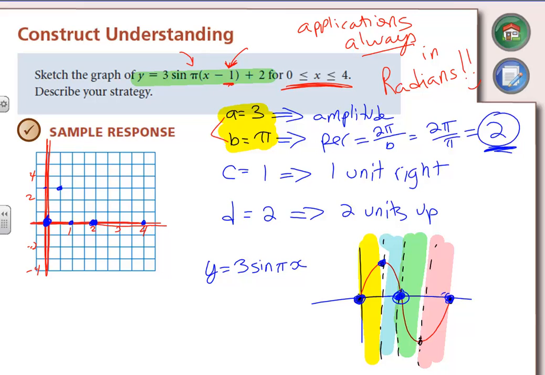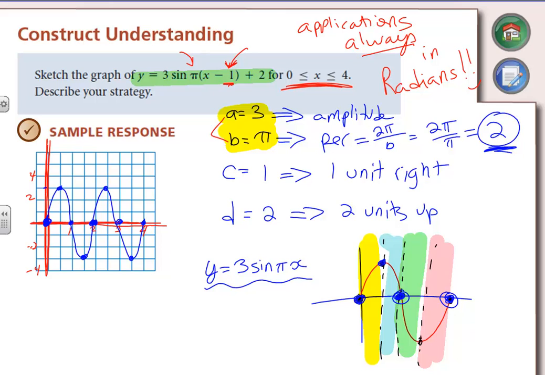Halfway in between these 2 midline spots, don't think of it as the intercepts, as the midline spots, I'm going to be at my minimum, which will be -3. Let's connect our dots. And do it again. Halfway in between the next cycle, we'll be at the midline again. Halfway in between a max, halfway in between a min. Connect them up. There's your 2 cycles of y equals 3 sine of pi x.